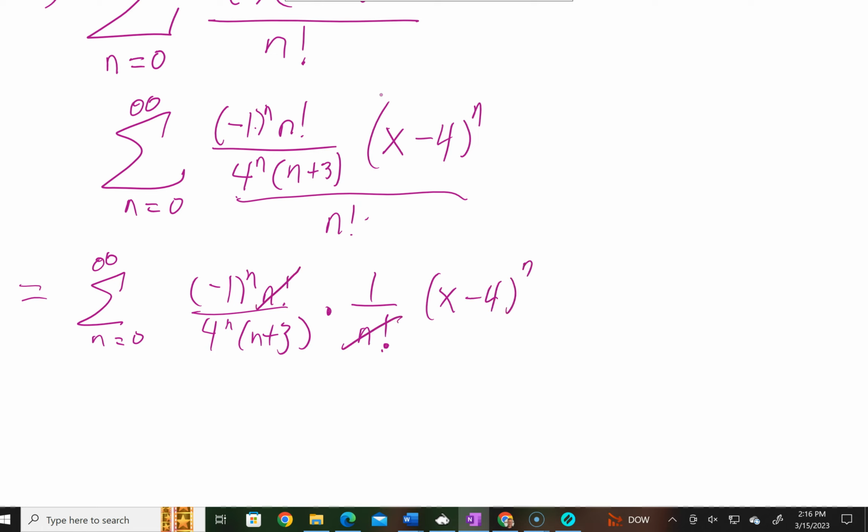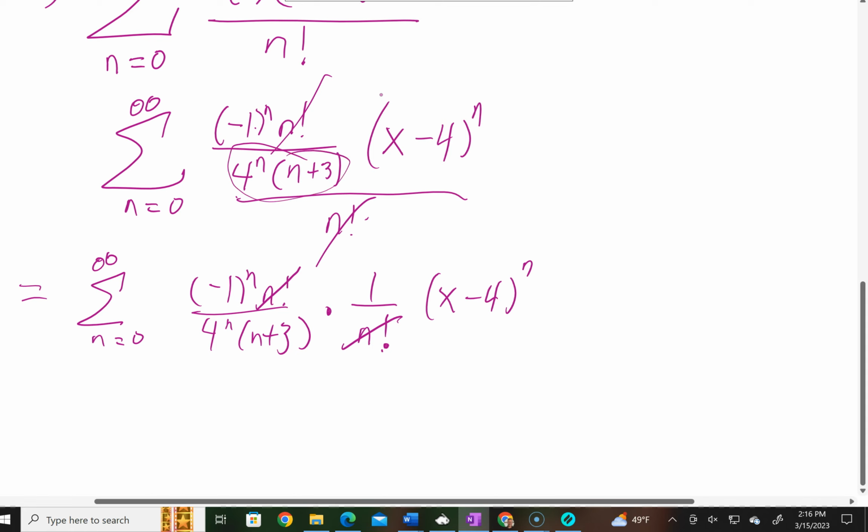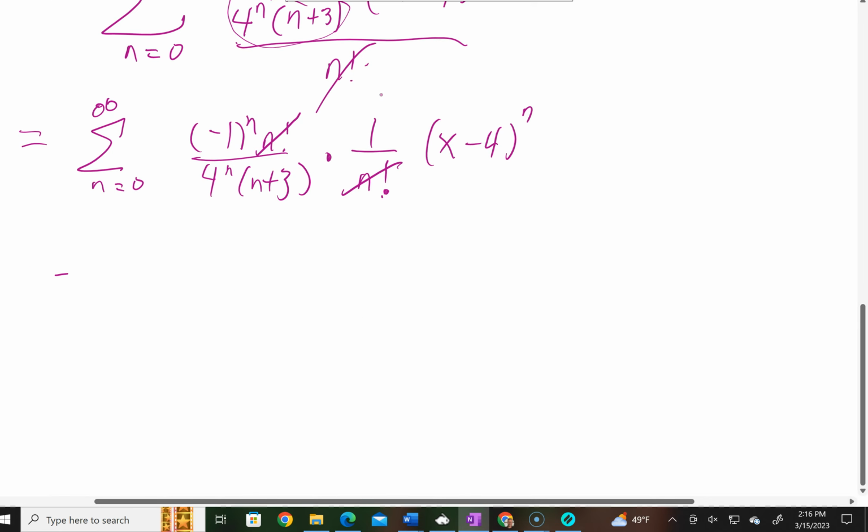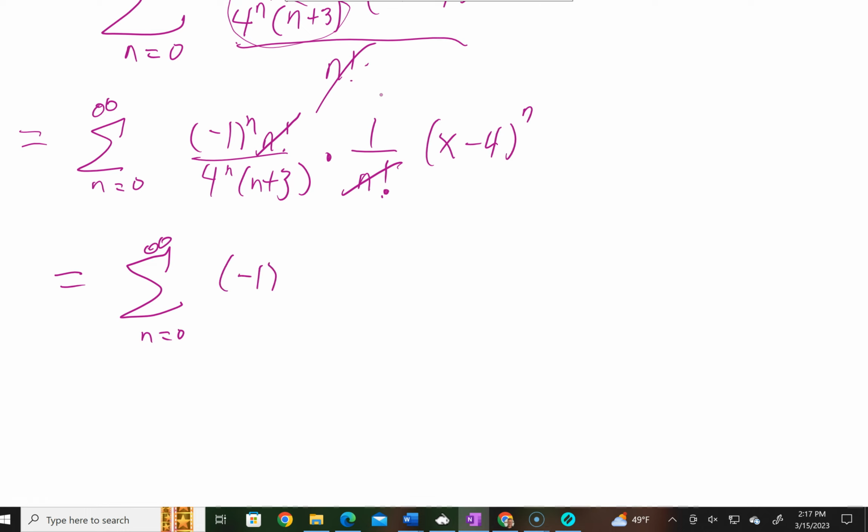No. You could have just said, we know these are going to cancel out. You know, this 4 to the n all over n times n plus 3, that's coming down. But that n factorial up above will cancel that n factorial down below. You'll say, oh my gosh, well, look at this. That means we have this right here.